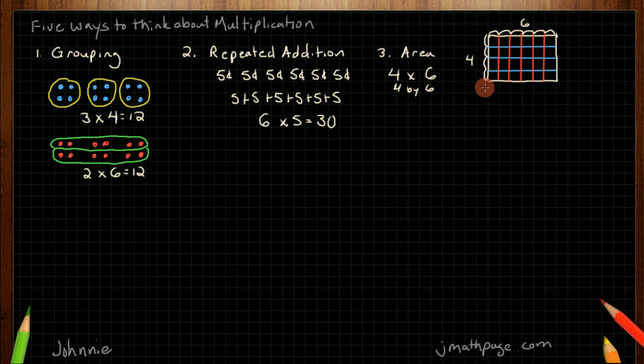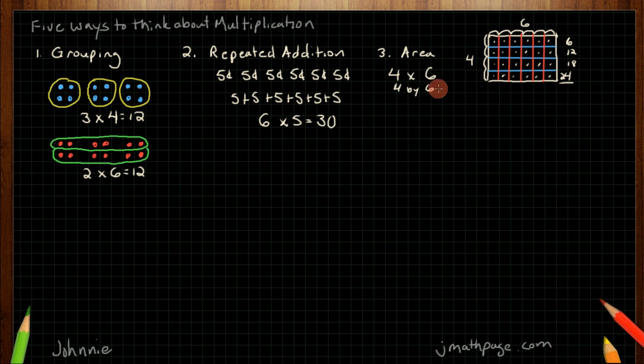And now I should be able to count the number of squares on the inside. 1, 2, 3, 4, 5, 6, 7, 8, 9, 10, 11, 12, 13, 14, 15, 16, 17, 18, 19, 20, 21, 22, 23, 24 altogether.